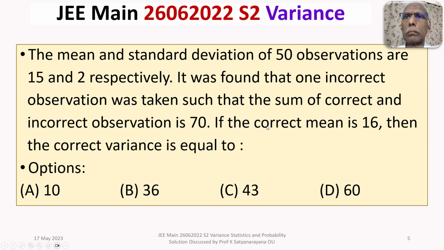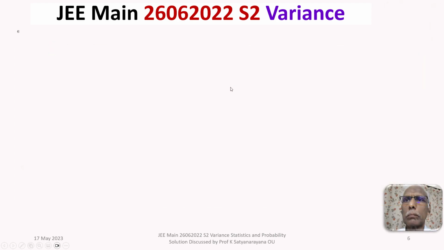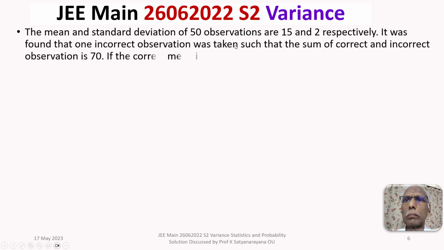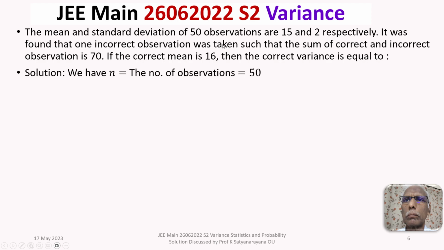And if the correct mean is 16, then we are required to find the correct variance. That is the given question to us. We now discuss the solution of the problem in detail.